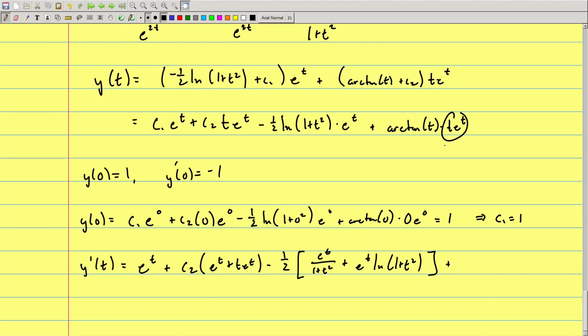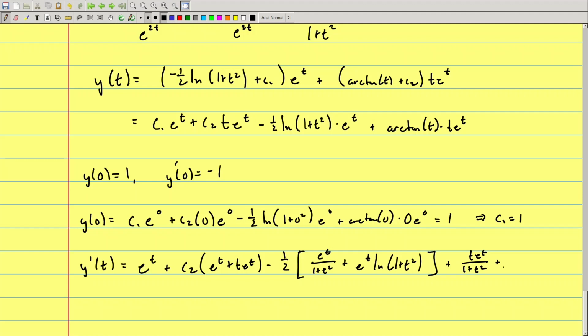So I think about t e to the t as just one function. So I take the derivative of arctangent, which is 1 over 1 plus t squared, and multiply that by t e to the t.